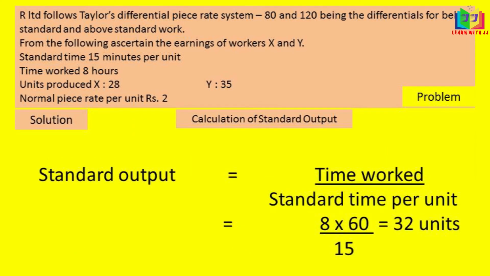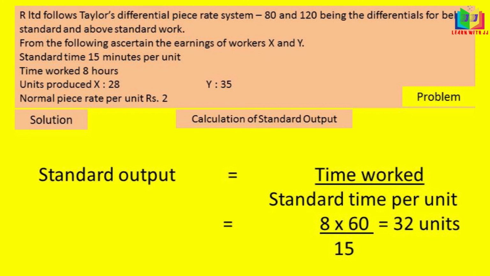Now we'll see the differential piece rate system. For that, first we have to calculate the standard output. Here the time worked is 8 hours, and that should be divided by the standard time for doing 1 unit, which is 15 minutes.